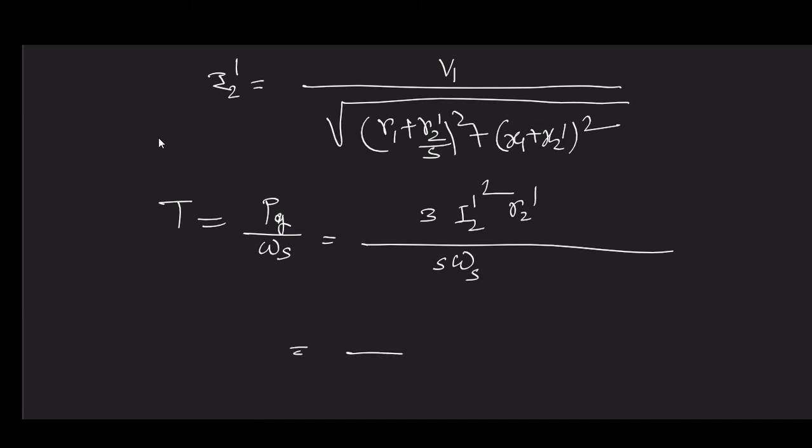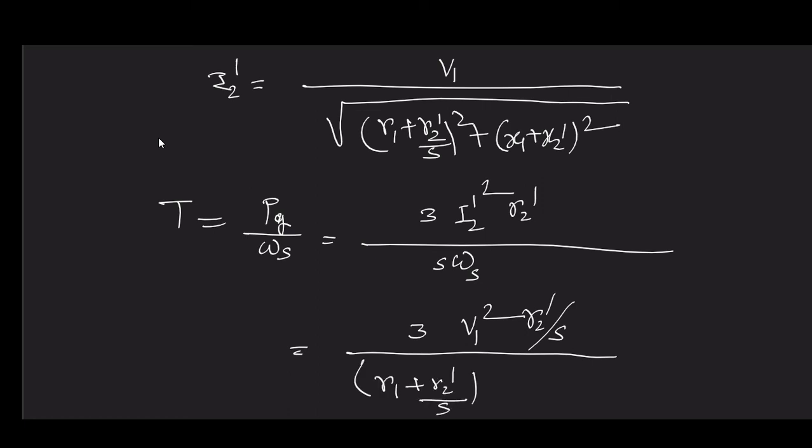So this gives us 3 V1 square R2 dash by s divided by (R1 plus R2 dash by s) whole square plus (x1 plus x2 dash) whole square, whole into omega s.